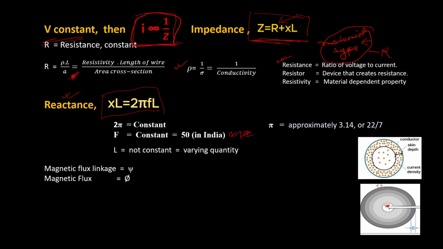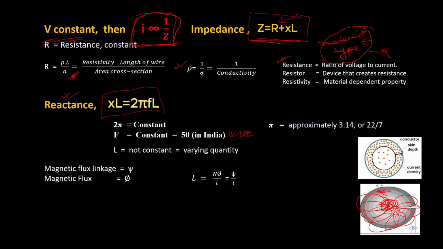Other than eddy current theory, there is one more theory: magnetic flux linkage is more in the middle part. That's why current tries to flow through the outer part, or skin part, of the conductor.